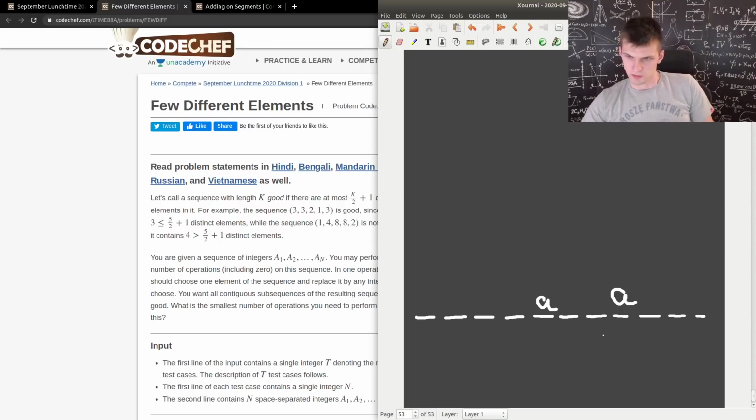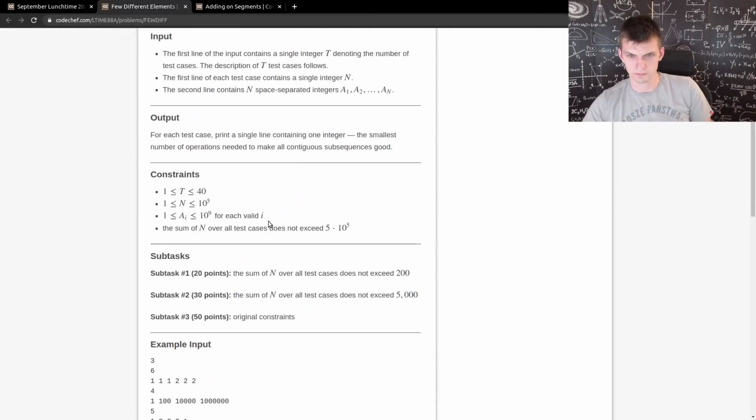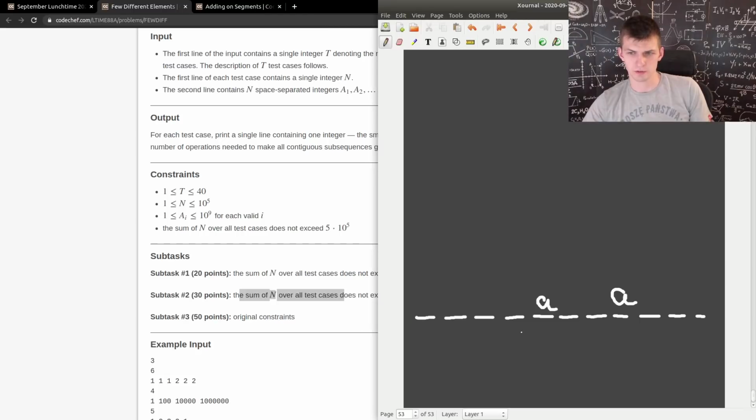If this here, I can maybe make quadratic DP. There are only n different values in the input, then I can have DP of position and what value happened. Is it true that among three elements I change only one of them?